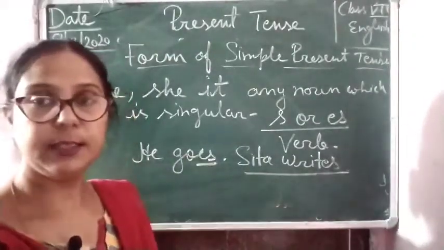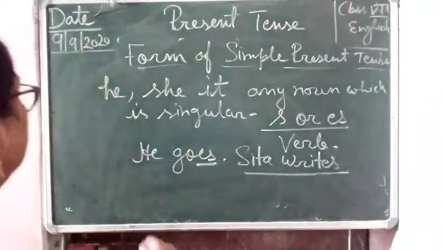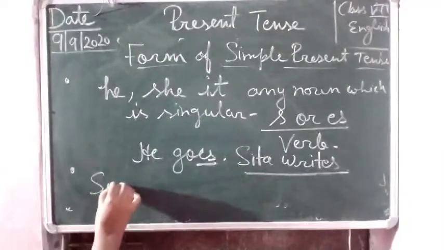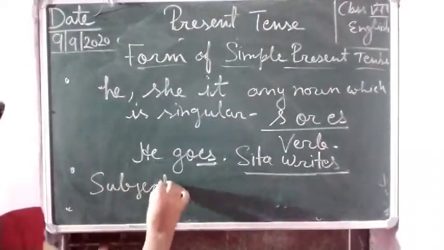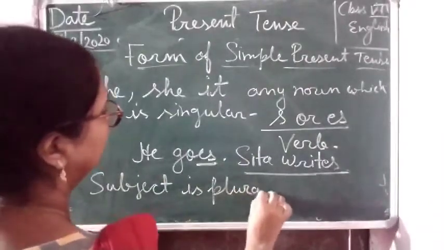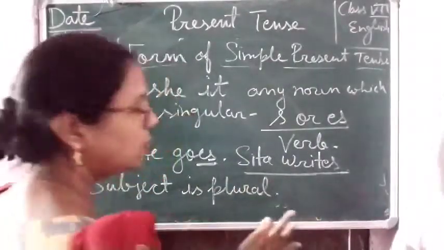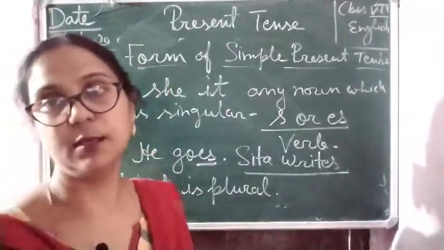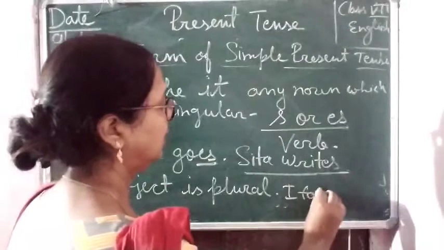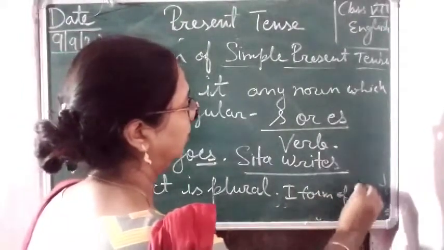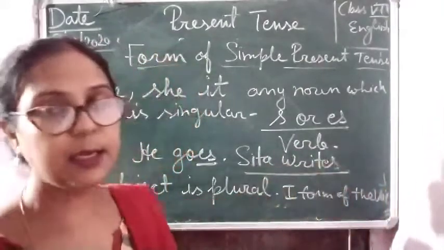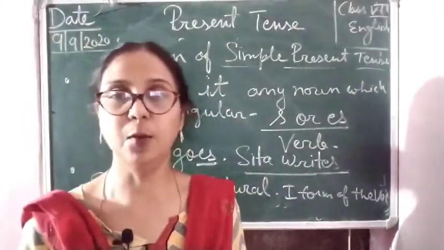Now the second formation is when the subject is plural. So we are not going to add any s or es. It will be the first form of the verb, or you can say the root form of the verb.